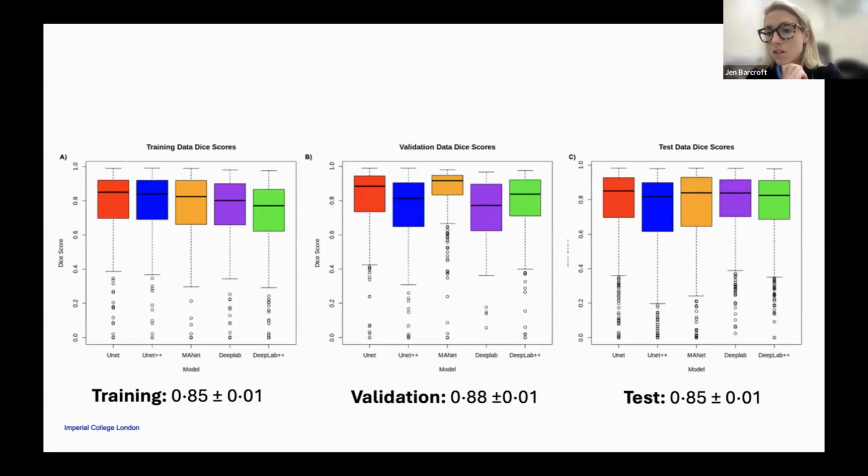Within the external validation set, the best performing model was the MANET, multi-attention network. That gave us the best DICE score of 0.85, which is pretty good, considering that in validation it's not a huge drop off, which again is reassuring when thinking about a model performing in a real world data set. So it performed well in an unseen external test set.